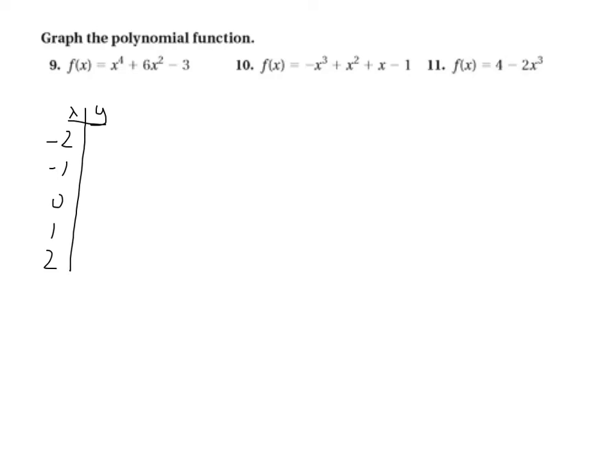So you do negative 2 to the fourth plus 6 times negative 2 minus 3. You get 1. Plug in negative 1. You get 4. Plug in 0, you get negative 3. Plug in 1. You get 4. Plug in 2.